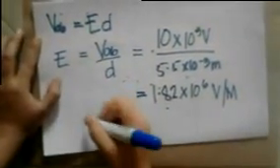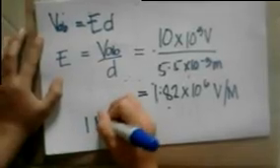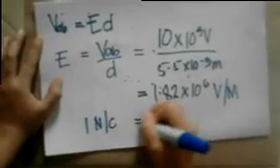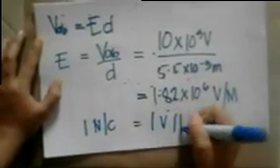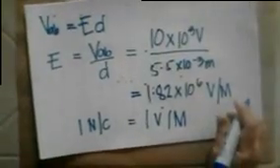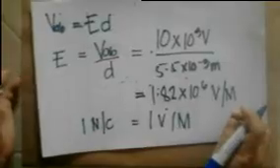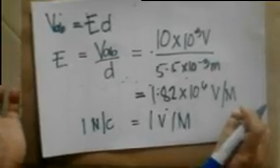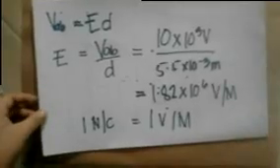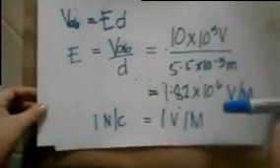And remember that 1 newton per coulomb is equal to 1 volt per meter. So either we use this equation or we use E is equal to Q over epsilon naught A, we still arrive at the same answer.